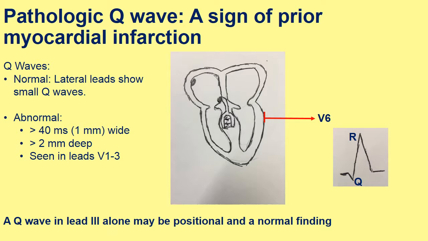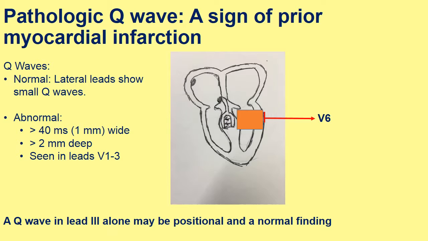But let's assume there's a myocardial infarction. If there's a myocardial infarction, the muscle is necrosed. So there'll be a window in the ventricles. There will be no electrical activity in that part of the ventricle. However, the septum is still being depolarized.